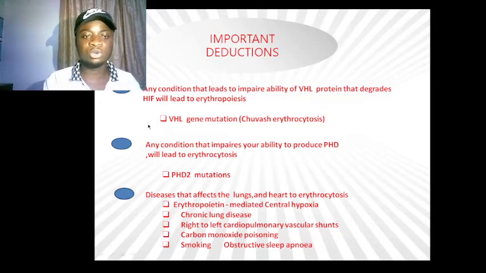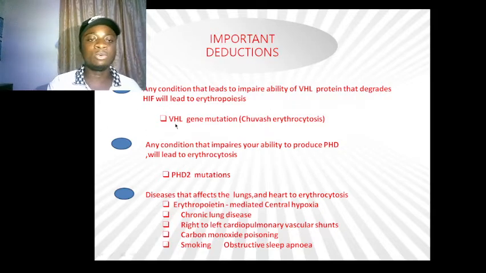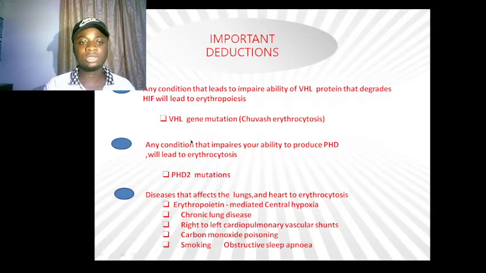An example of such a condition is von Hippel protein gene mutation. Whenever there is a mutation in von Hippel protein, it leads to erythrocytosis.